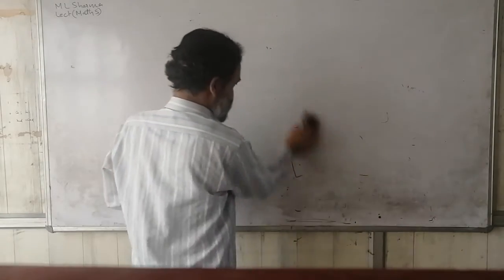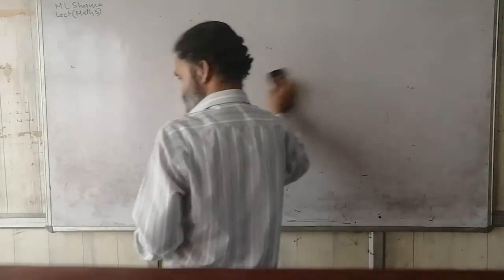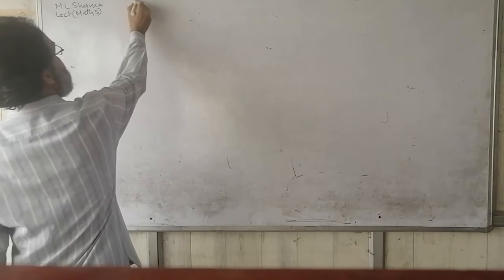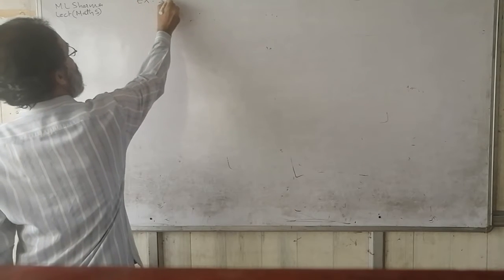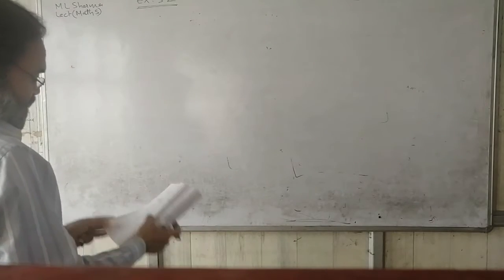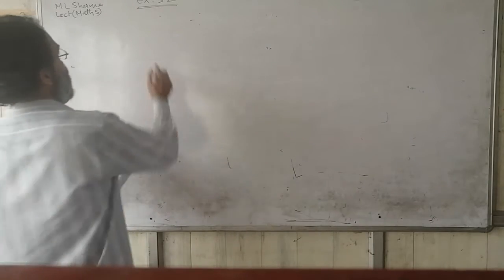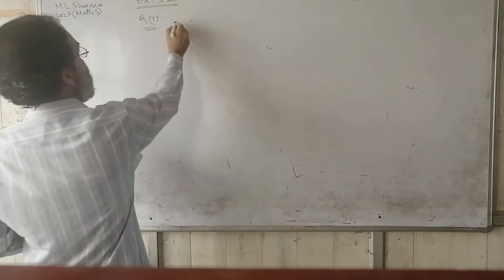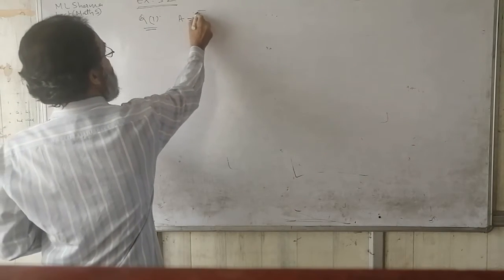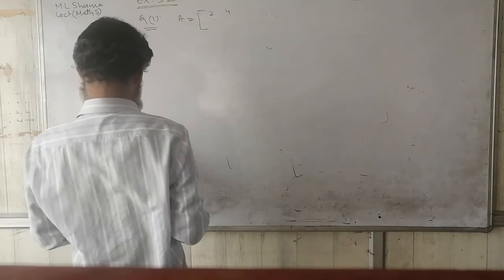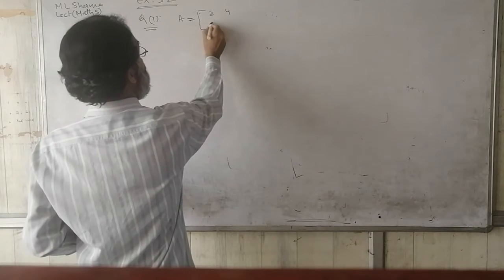There are exercise questions on addition and subtraction, how these are solved. It is here in exercise 3.2. So in this exercise, question 1 is given as matrix A. Its elements are 2, 4, 3, 2.